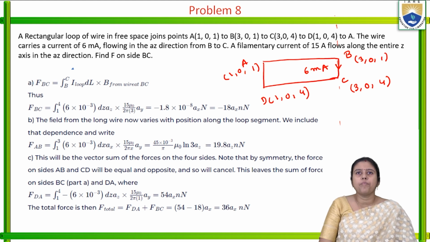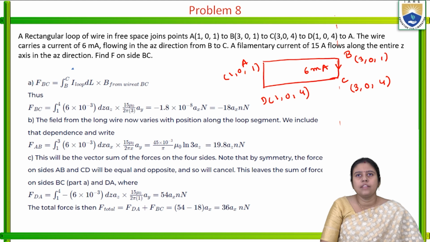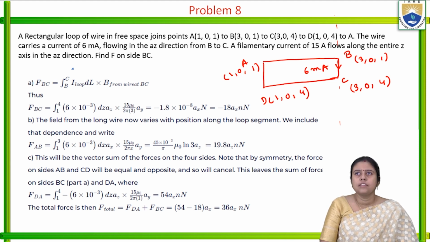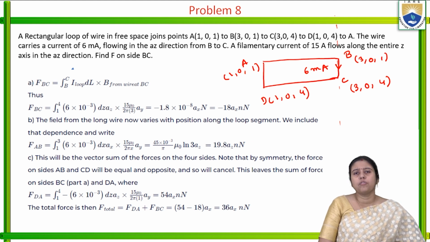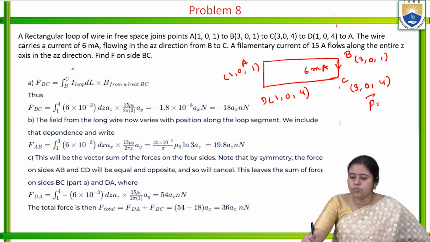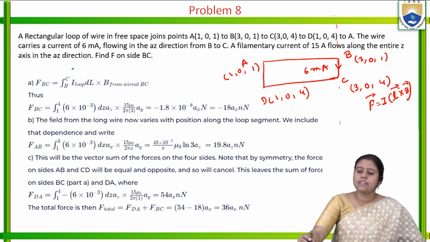So what is the formula? We will use here the force is equal to I dl cross B, because the force we want to calculate is on BC. F is equal to I L cross B. We are using the same formula.